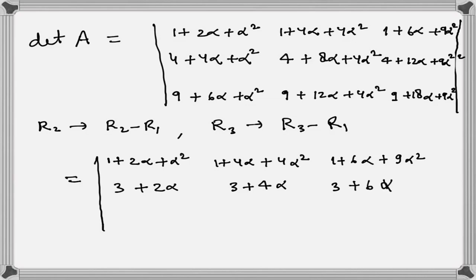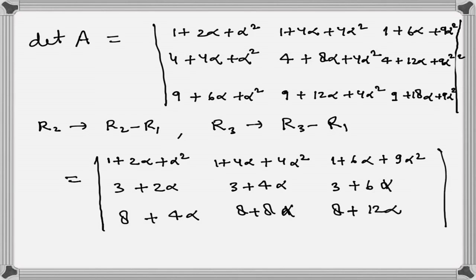The third row R3 minus R1 gives 8 plus 4 alpha, 8 plus 8 alpha, and 8 plus 12 alpha. So this is what we get.